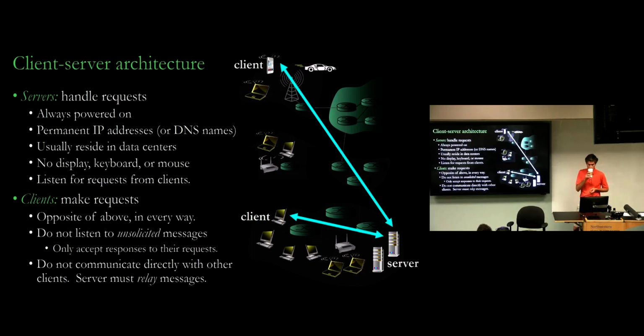Could you explain more about the no display, keyboard, or mouse? Yeah. So basically, what I mean is that in a data center, you have racks of computers that are just plugged into power and network, and they don't have keyboards and mice. Maybe when the machine was first set up, when the operating system was installed, some technician may have plugged in a keyboard and mouse temporarily, maybe plugged in a CD drive or something to set it up.